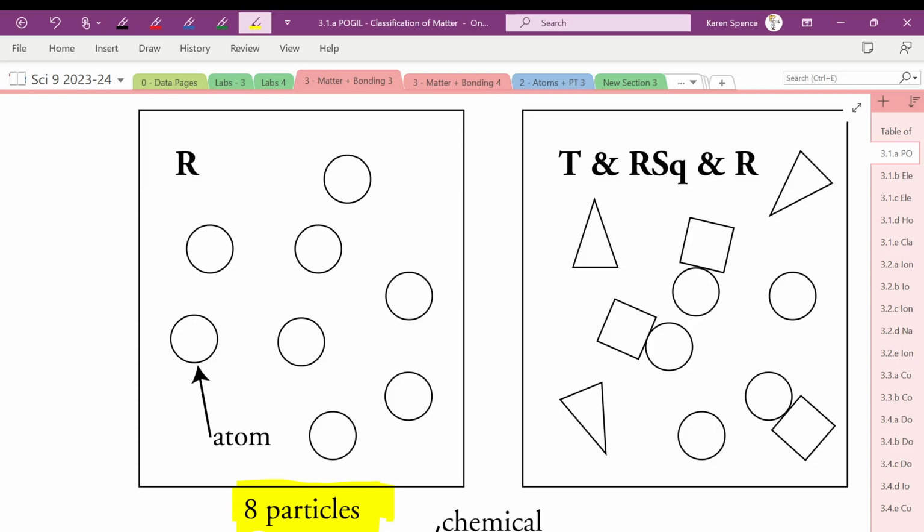There are 8 particles. Judging from that, if there are 8 particles, what is one thing that could be a particle based upon what you see in this picture here? What is one thing that we could classify as a particle? Tell your partner.